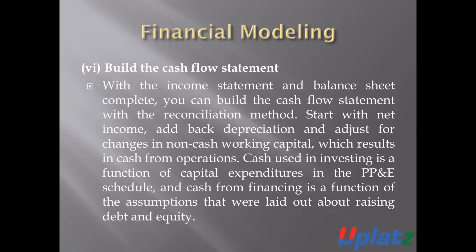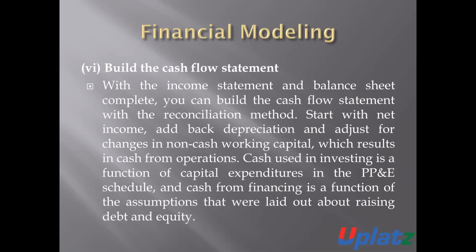Start with net income. Add back the amount of depreciation. For the preparation of the cash flow statement, first we will consider the net profit. To the net profit, there is a requirement to add back all the non-cash items. For example, add back the amount of depreciation and amortization because these are all non-cash items.